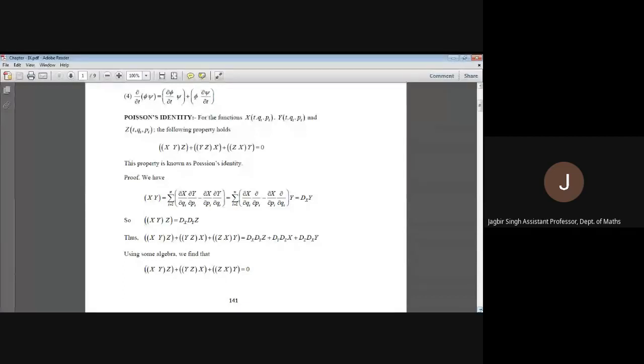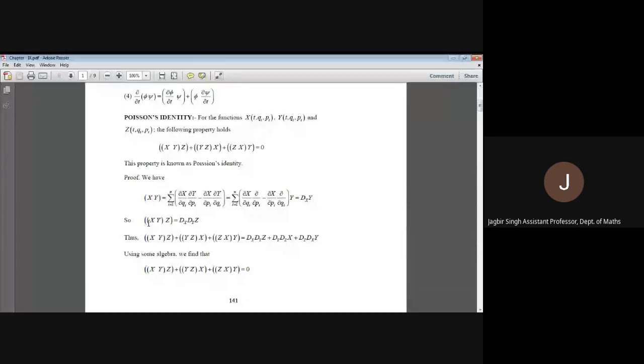When it was xy, we had taken D_xy. When it is xyz, it will be D_x D_yz, because z is taken as the common part. So in all, [x,[y,z]] plus [y,[z,x]] plus [z,[x,y]], it will be D_x D_yz plus D_y D_zx plus D_z D_xy. And now just try to obtain this Poisson bracket.